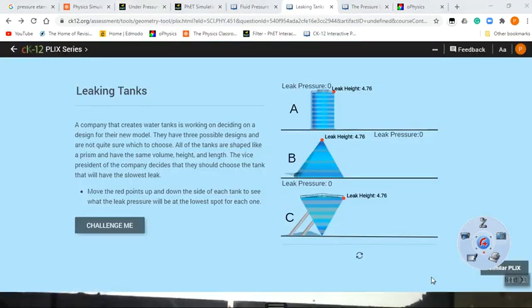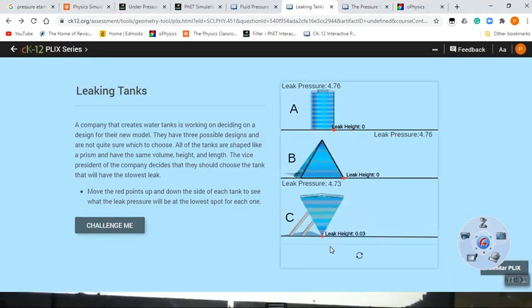So in this simulation, they ask us to calculate the pressure of a leaking tank. So the company wants to decide how to build their water tanks and where the leak would be under the most pressure. So if we take it down to 0, at the bottom of this tank the pressure is 4.76. At the bottom of that tank it's 4.76, and the bottom of this tank we would have 4.76 as well.